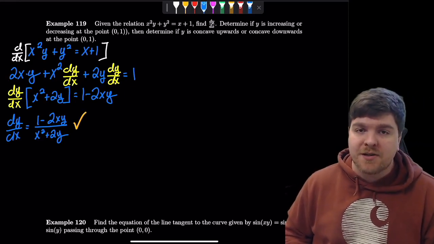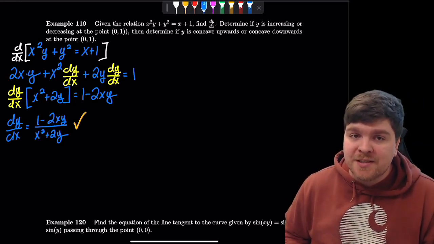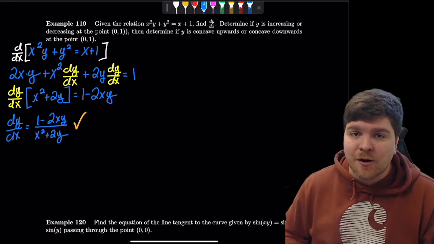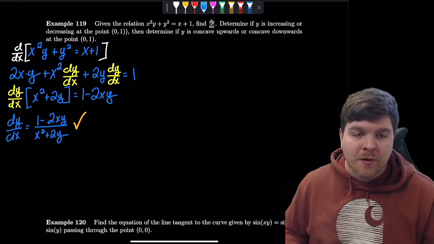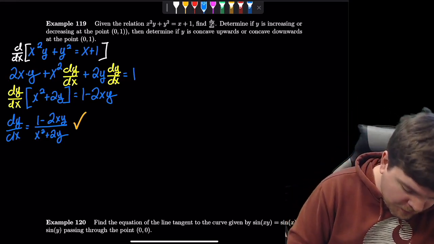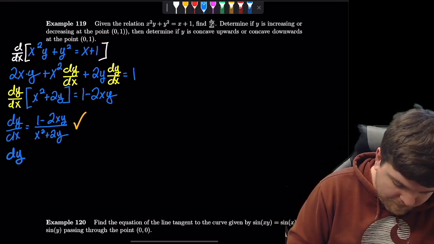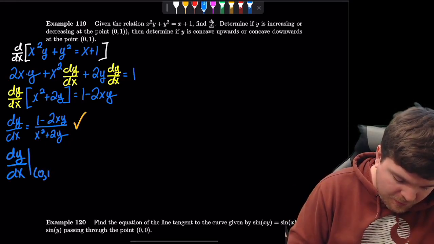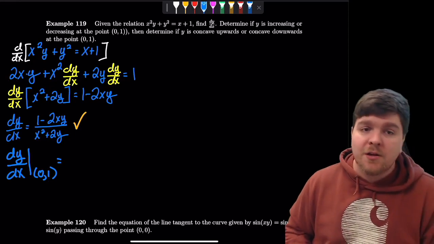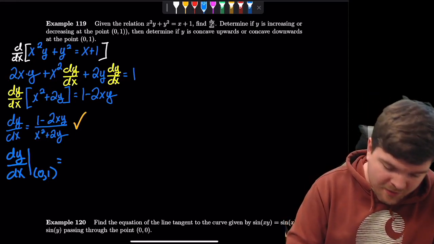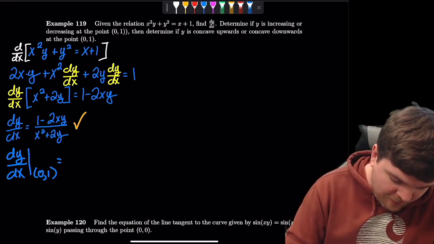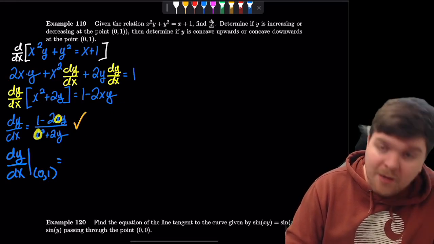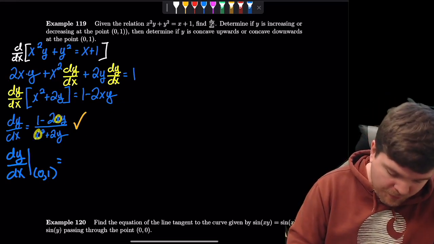The next part of the question asks us to determine if y was increasing or decreasing at the point (0, 1). So to figure that out, we're going to evaluate our derivative at the point (0, 1). So all I'm going to do is replace all the instances of x in my derivative with a 0, and all the instances of y with a 1.